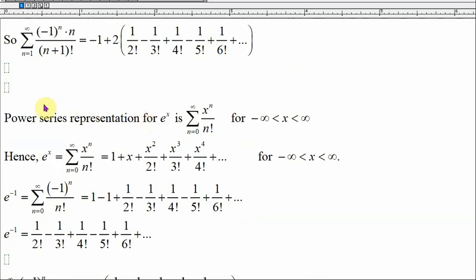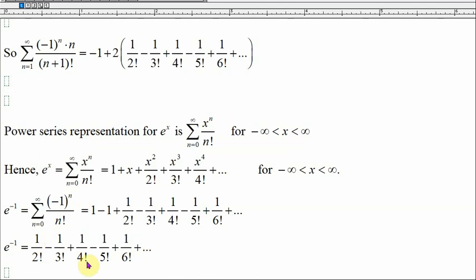Recall that the power series representation for e to the x is 1 plus x plus x squared over 2 factorial, and so on. Let x be negative 1, then we get 1 minus 1 plus 1 over 2 factorial minus 1 over 3 factorial, and so on. 1 minus 1 is 0, and so e to the negative 1 is this infinite sum, starting at 1 over 2 factorial.